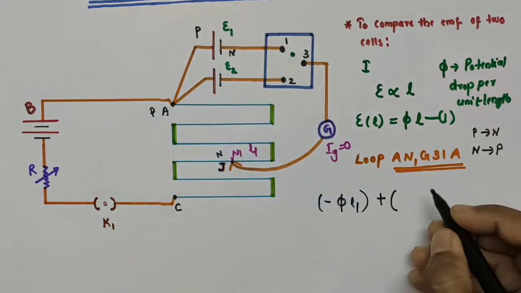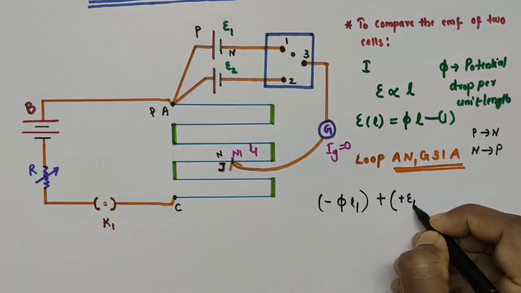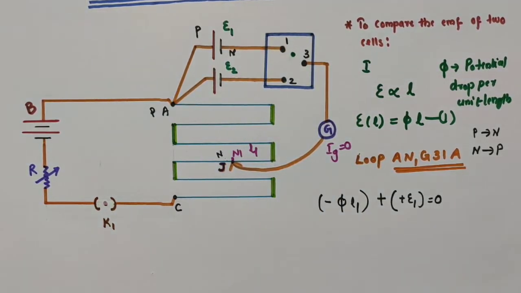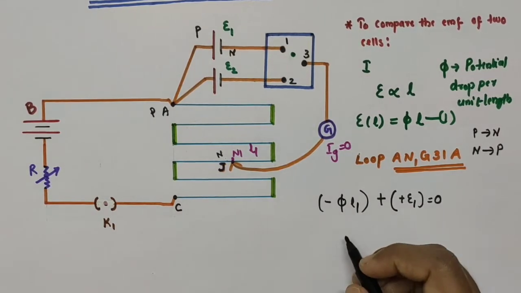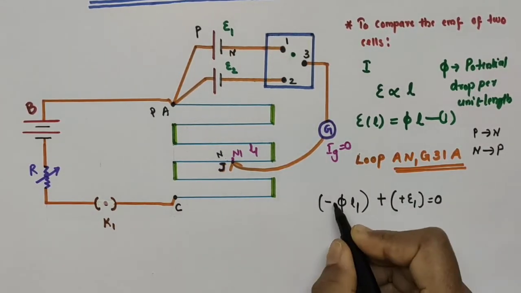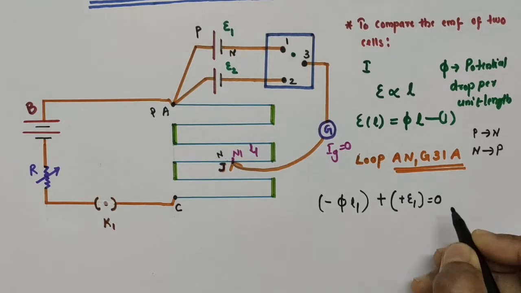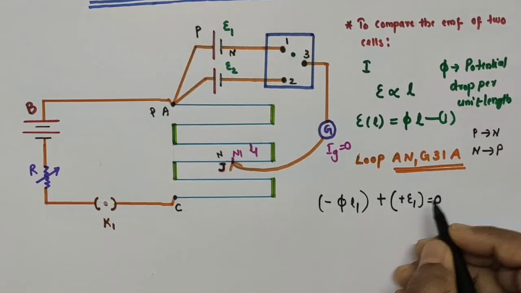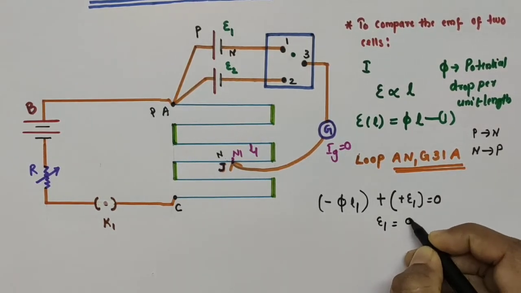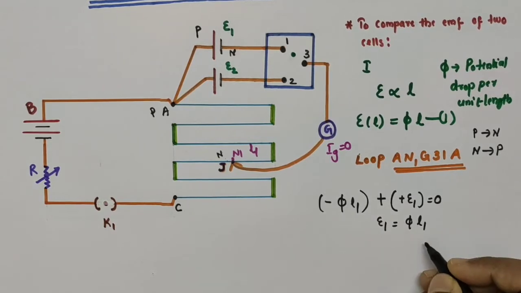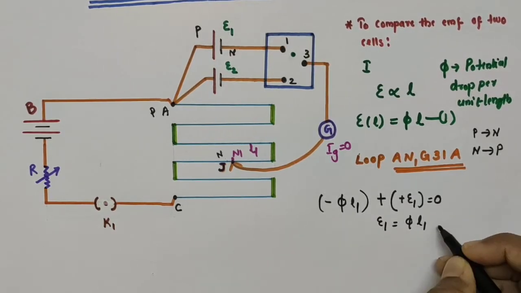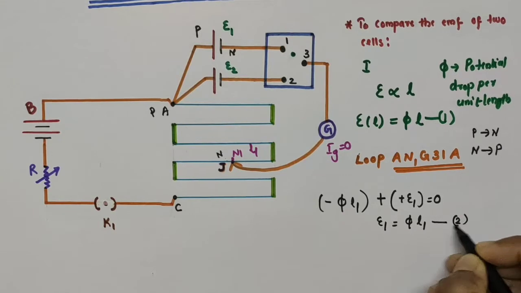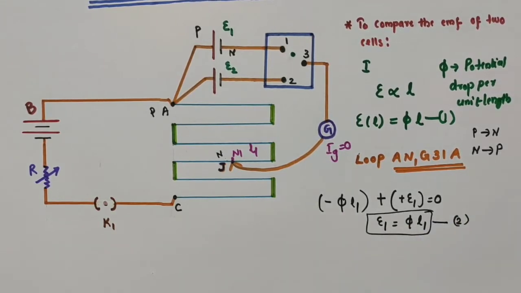That must be taken as positive. So plus E1 equal to 0. This is what the loop rule says. Then, taking this minus phi L1 to the other side, that becomes plus phi L1. So we can write E1 equal to phi L1. I am taking this as equation number 2.